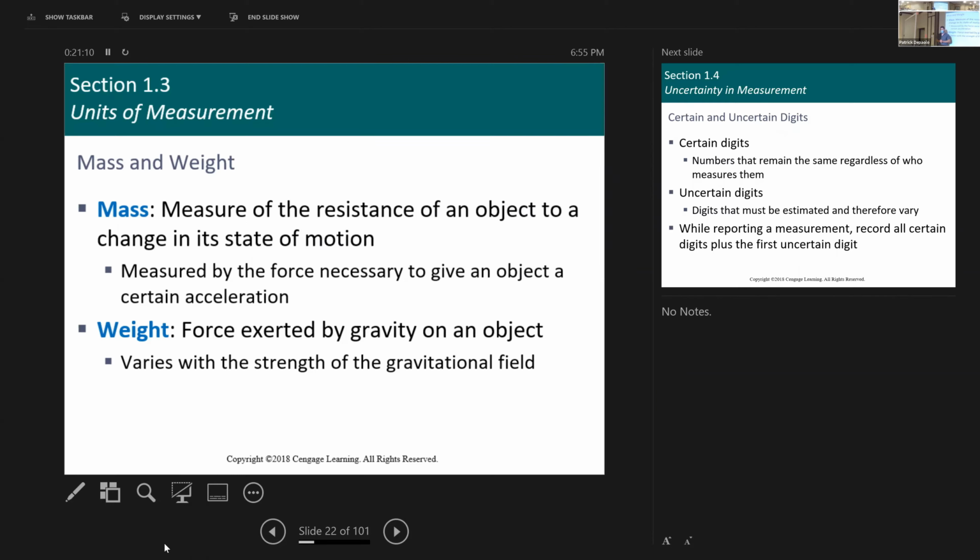In other words, it's the resistance to momentum, since momentum is mv, that's the equation. So in essence, it's the amount of stuff in it, the amount of physical matter that is enclosed in the object. The weight, on the other hand, is the force exerted by gravity on that object.